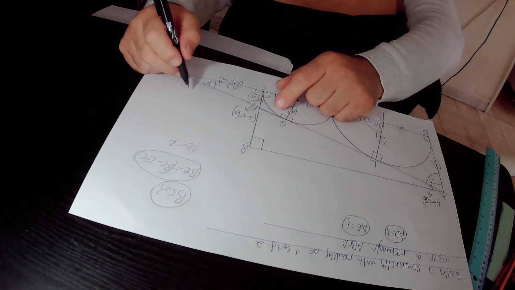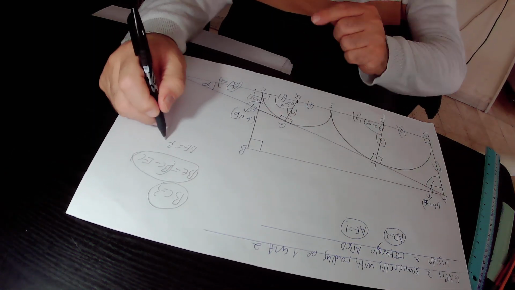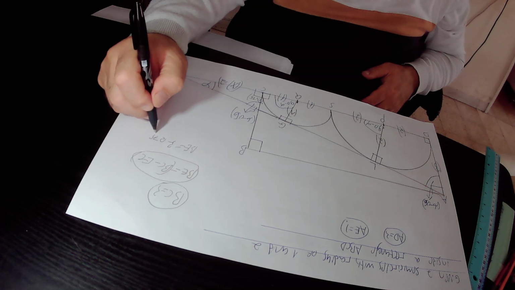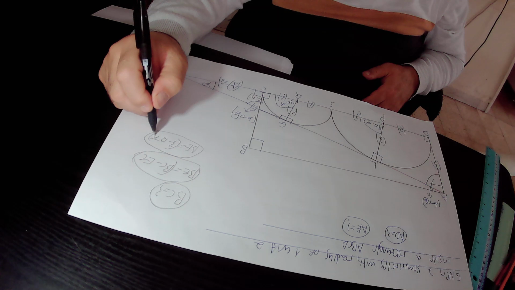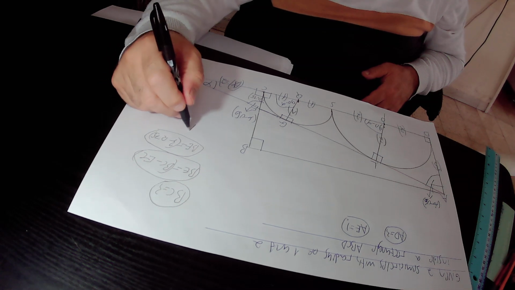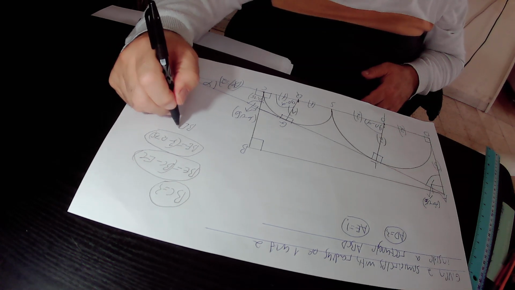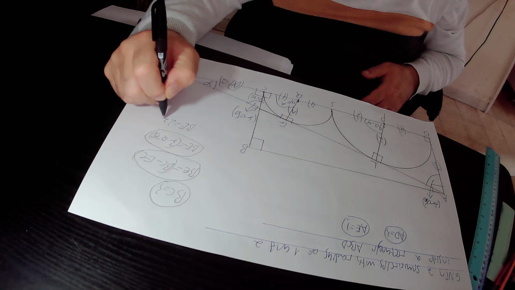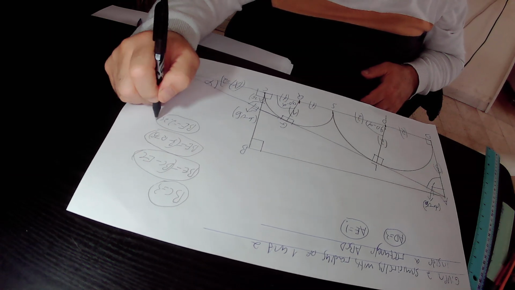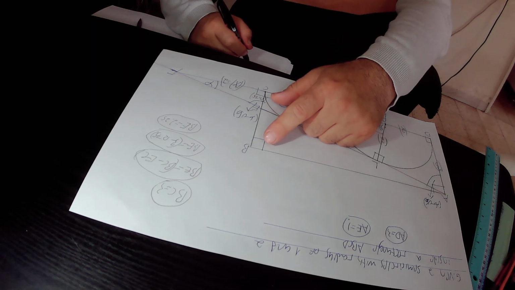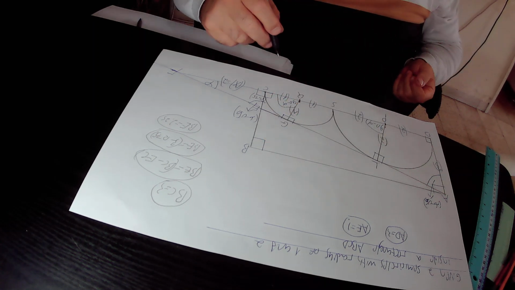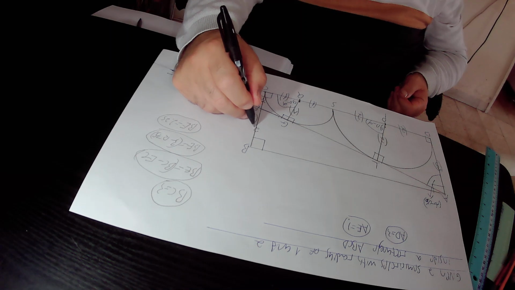We just found out that EC equals 0.75. So in total, BE equals 3 minus 0.75. That is actually 2.25 units. So we found out that the segment BE equals 2.25 units in its length.